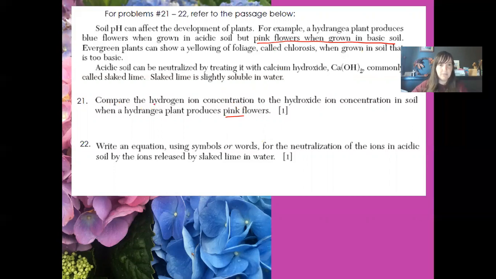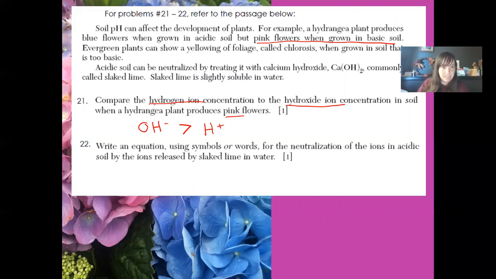Now the question said to compare the hydrogen ion concentration to hydroxide ion concentration. So if it's basic, there's more hydroxide. So I'm going to say more hydroxide than hydrogen ions. Remember in these questions, when the question seems really complicated and long, that often means that the answer is very simple and short.